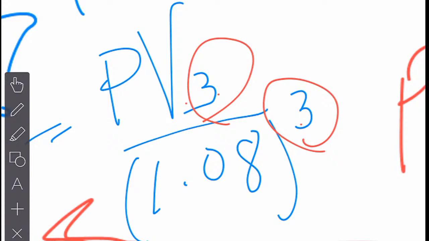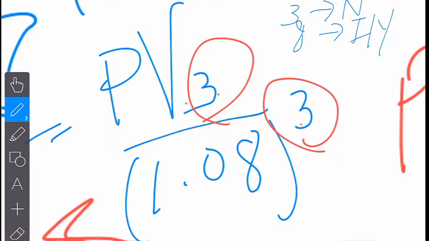So 3 goes into n, and then 8 goes into I, it's already there. And then PV is what I want, so I'll wait for that. And then I'm going to say, there's no payment, right? So 0 goes into payment because now this is a basic time value of money problem.